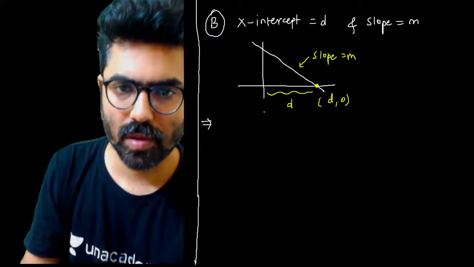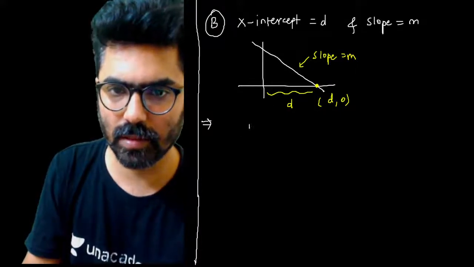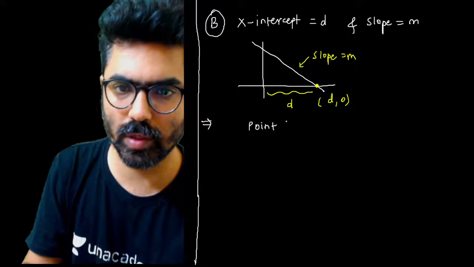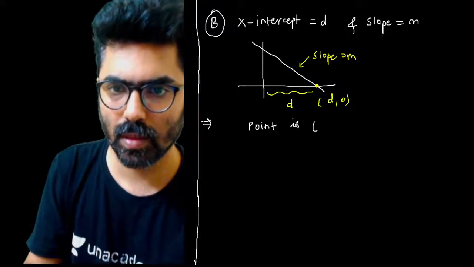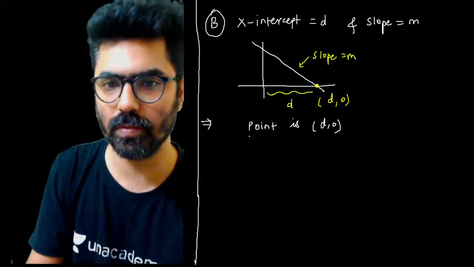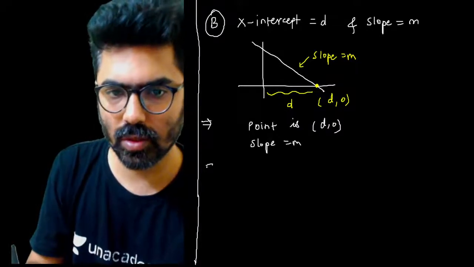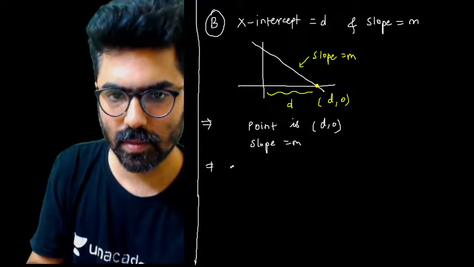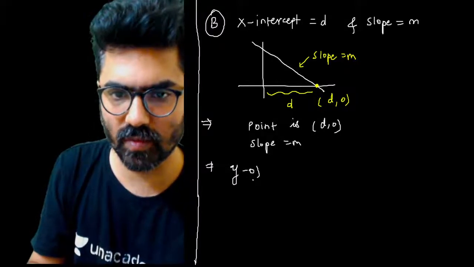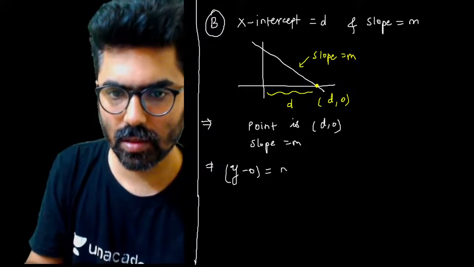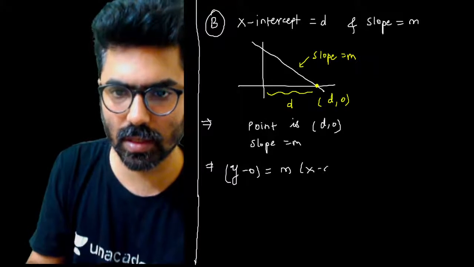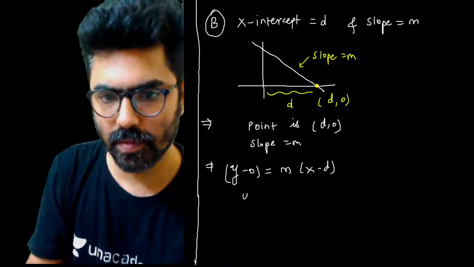So now the point through which the line is passing is D comma 0 and slope is M. So now the equation, y minus y coordinate is slope times x minus x coordinate.